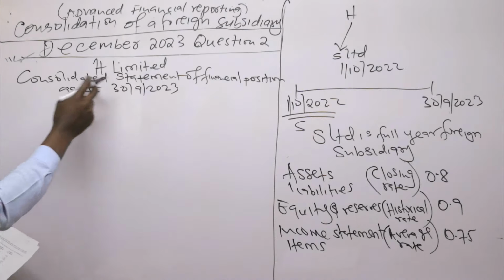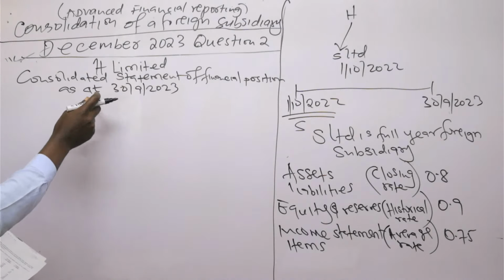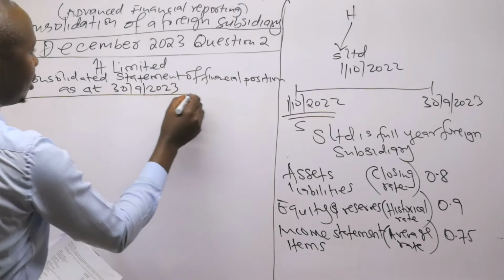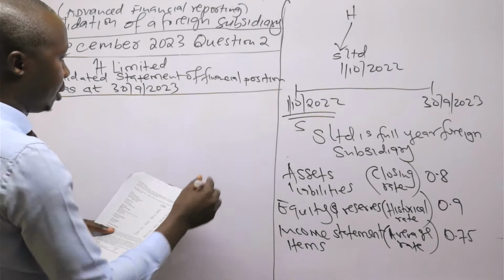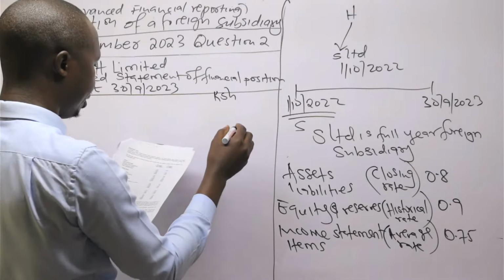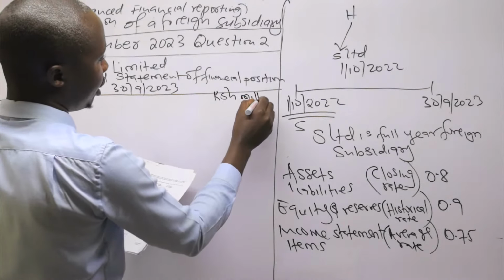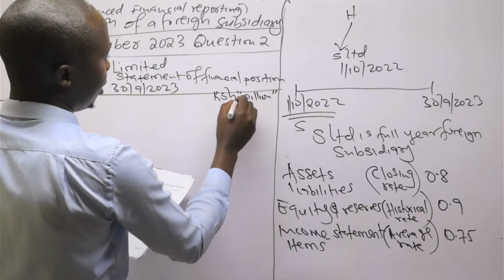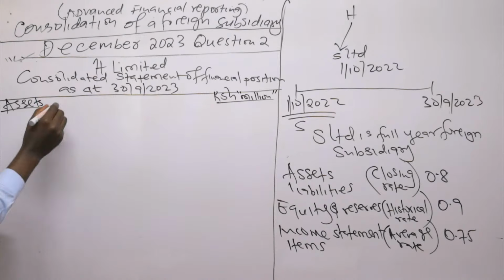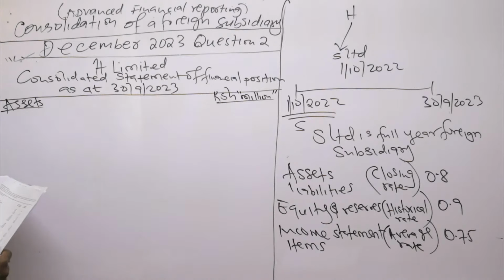So the H Limited consolidated statement of financial position as at 30th September 2023. We have Kenyan shillings to be more specific, because that is the reporting currency. Let's start with assets.